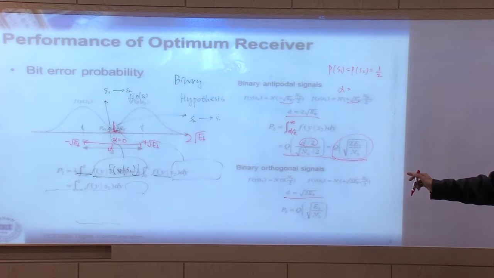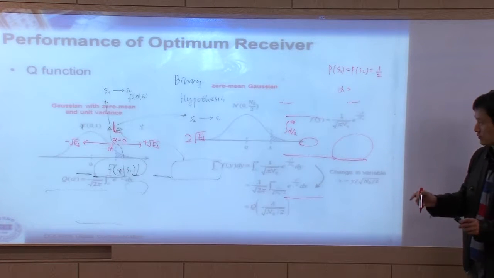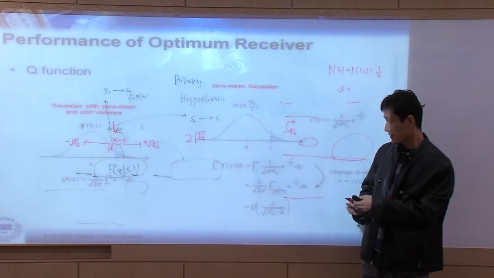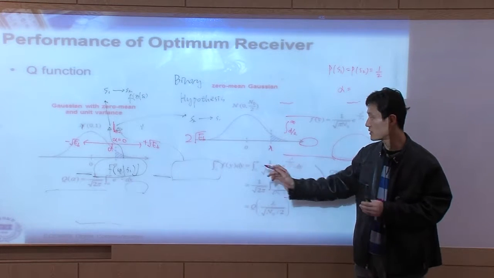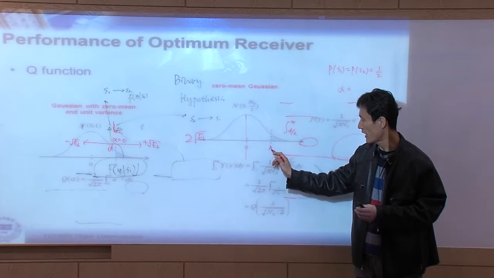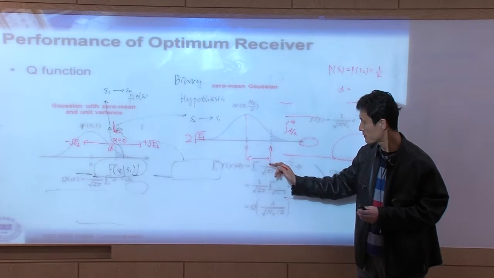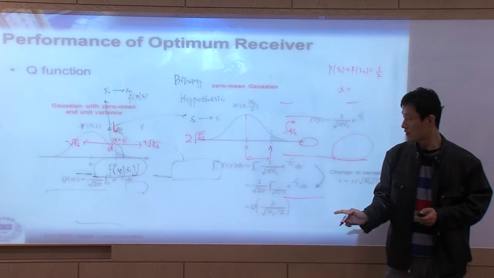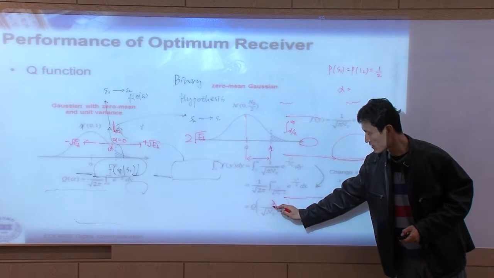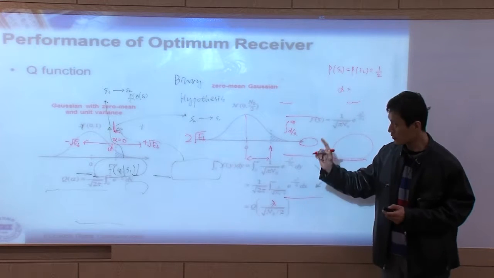Does it make sense? Okay, let me come back one more time. This lambda is the distance between your middle point and threshold. That's your distance. So you put the distance here. Go to the next slide.